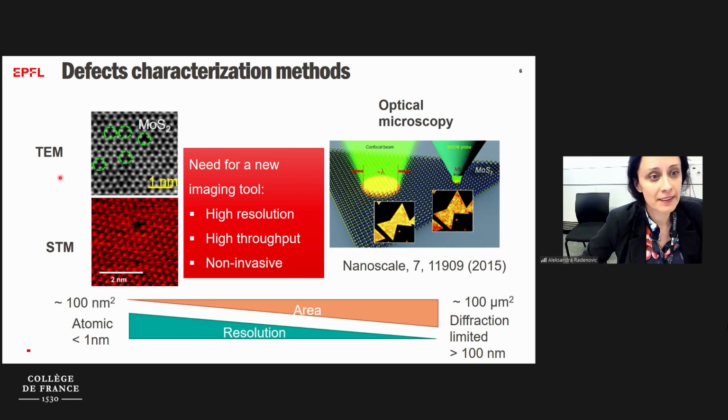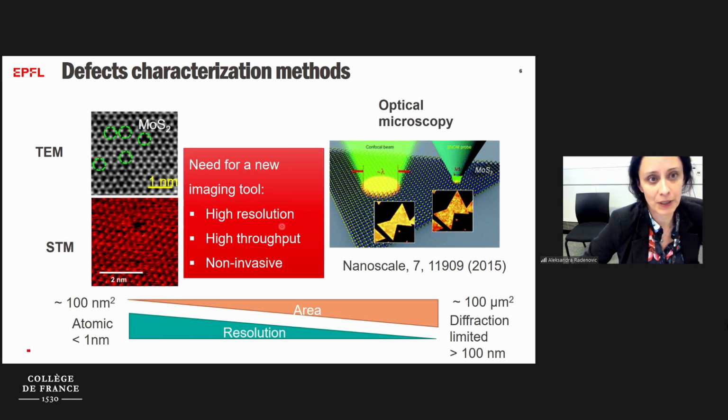In TEM, as we have seen, we have very nice high resolution and can visualize those defects exceptionally well. In scanning tunneling microscopy it is the same story. However, with those methods we are focusing only on small areas, and we would like something that is high throughput, non-invasive, and operates in liquid.